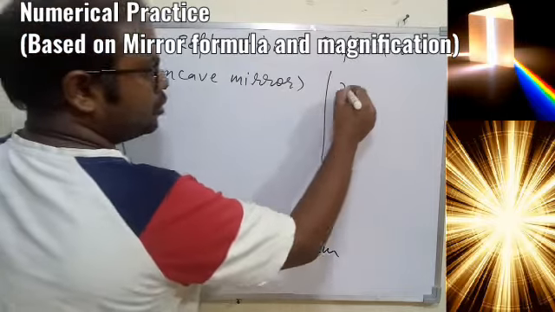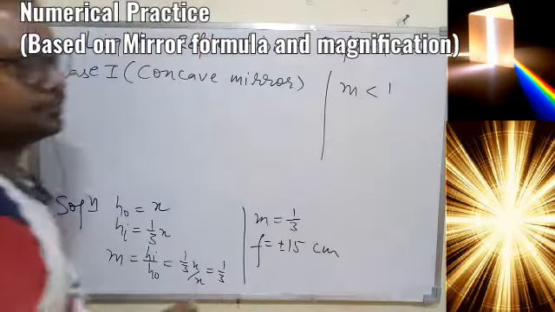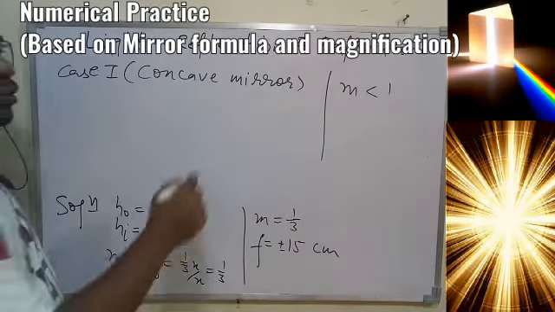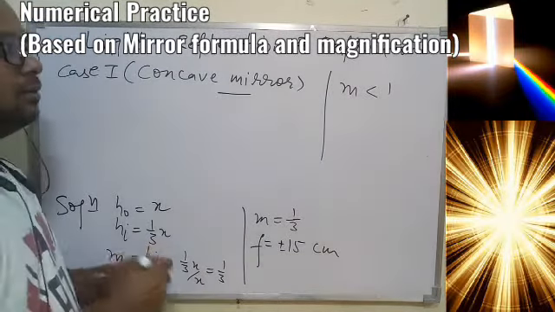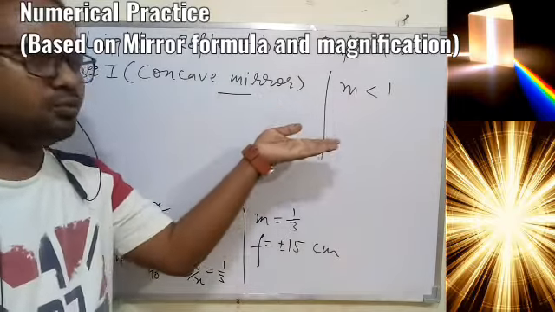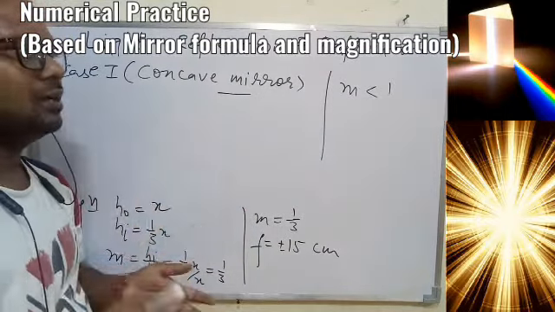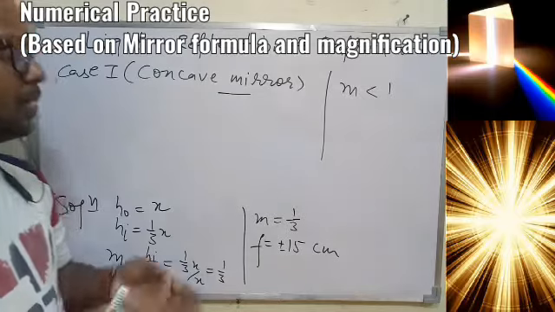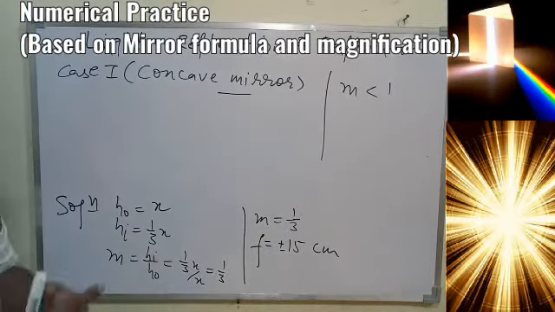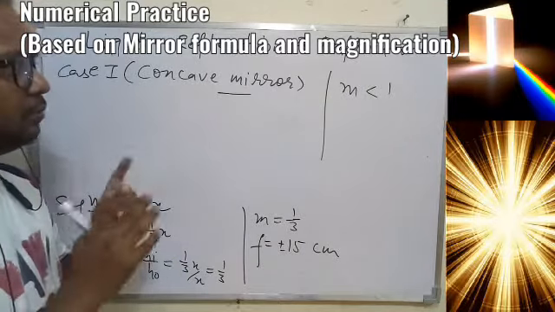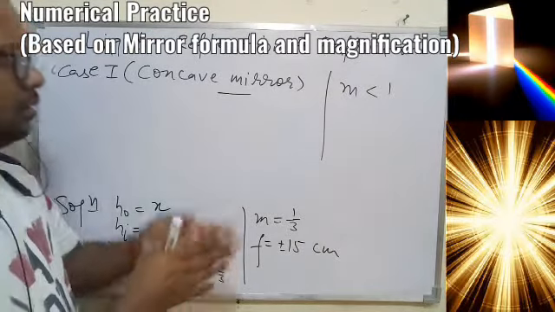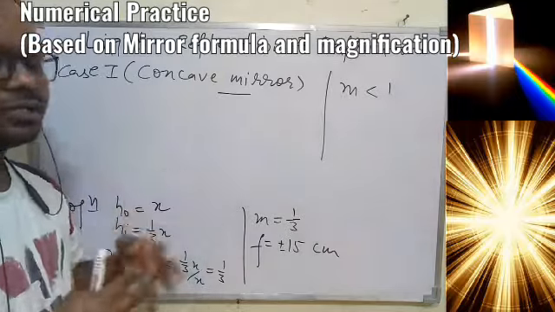Okay, so here we understood m is less than 1. Now one thing we know, in the case of a concave mirror, when the magnification is less than 1, that is, the image is smaller than the object, that cannot be virtual. We know by a concave mirror, when the image is virtual, that image is magnified, because there is only one case when the image is virtual in a concave mirror, and that is magnified.